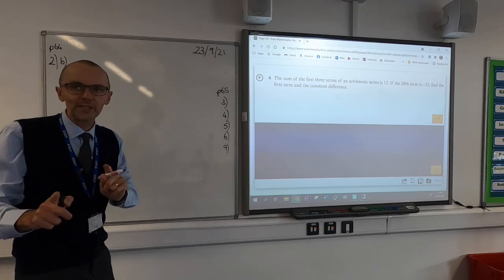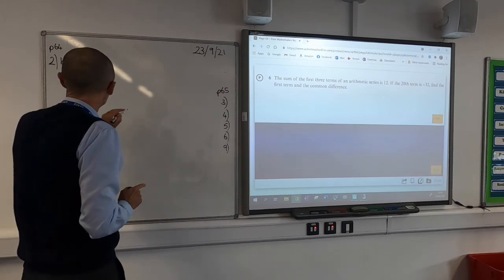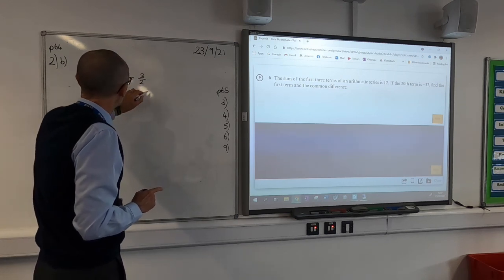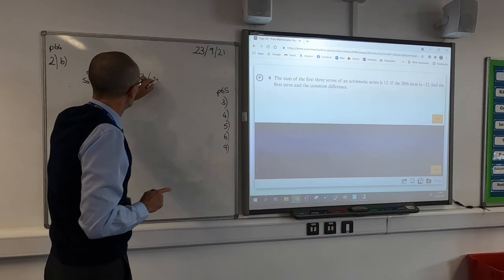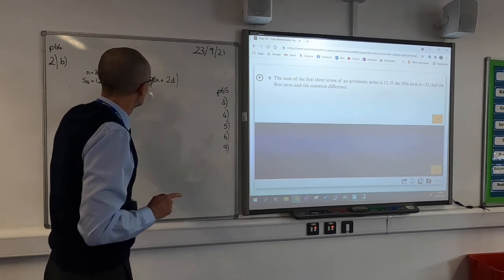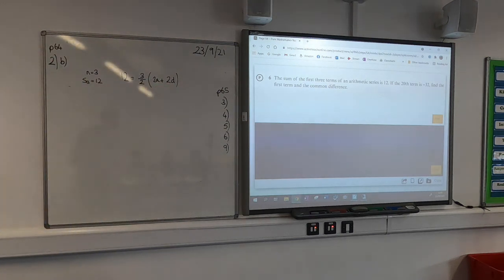So I can plug that into my sum formula. So the sum is equal to n over 2 times 2a plus n minus 1 d. That's using my formula for the sum, and I've just plugged in all that I know. I only know that n is 3 and the sum is 12.